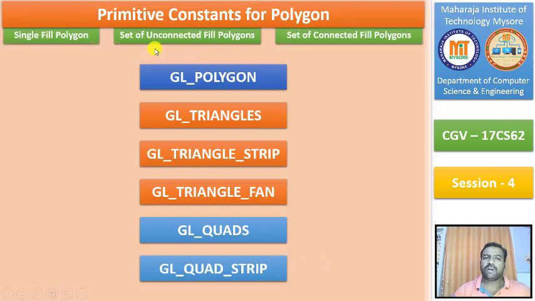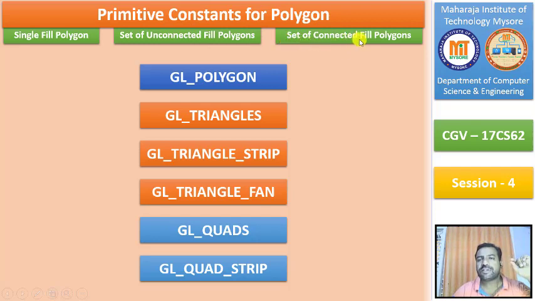Whatever polygon we develop using any of these primitive constants, remember it is going to be a single fill polygon. If I use either GL_TRIANGLES or GL_QUADS, I may end up with a set of unconnected fill polygons. Even though they are unconnected, they are still treated as a single polygon.